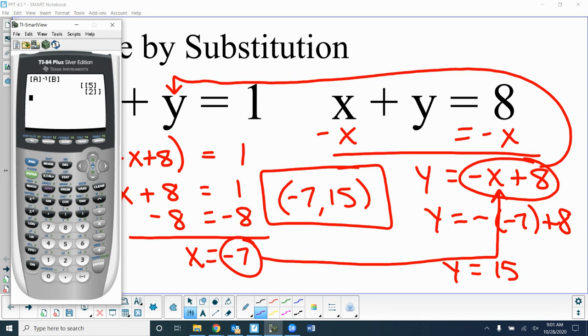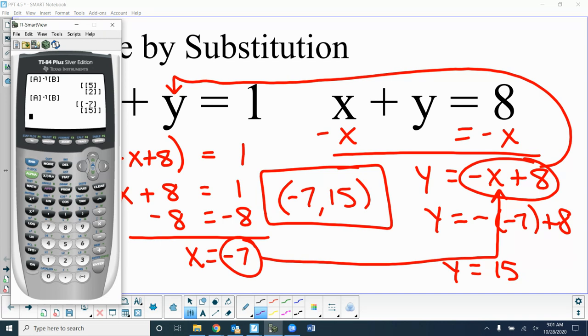Okay, since the last thing I did was this, if you hit second enter, it'll put in what you just typed. So you don't have to go back into the matrix and find A inverse B. It's already been done for you. So I just hit enter, and there are my 2 answers. I wanted to show you that.